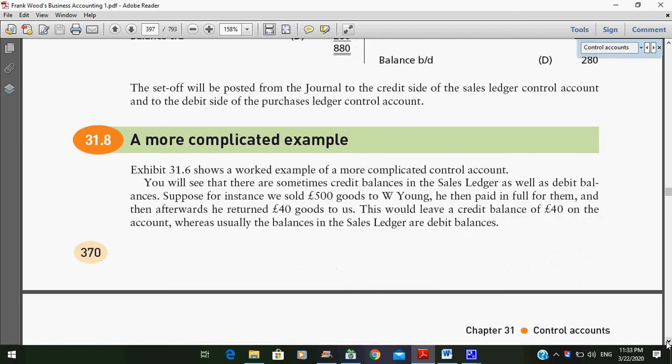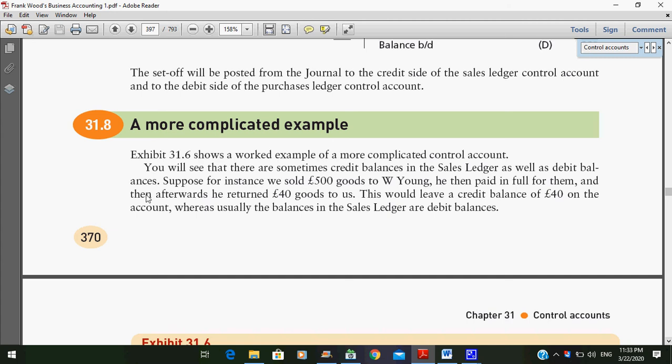Look at a more complicated example now. Exhibit 31/6 shows a worked example of a more complicated control account. You will see that there are sometimes credit balances in the sales ledger as well as what? Debit balances. Suppose for instance we sold 500 pounds worth of goods to Double Wang.